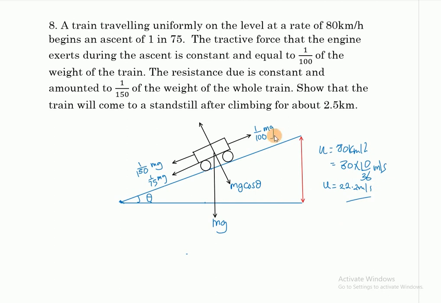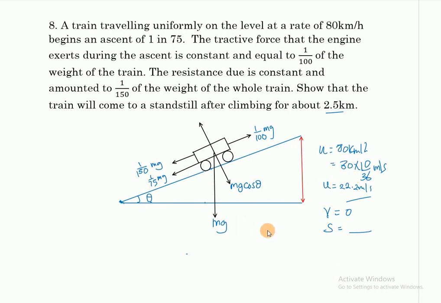And when it comes to a standstill at this spot, the final velocity is going to be 0. And our concern here, they have given us s, so we want to prove that s is equal to this value here, 2.5 kilometers. So we are not going to use it, but we are going to obtain it and show that it is 2.5. So our concern here is to get the value of a.